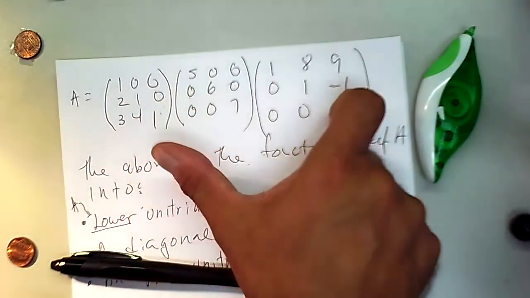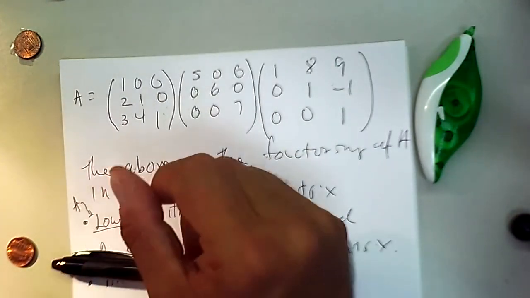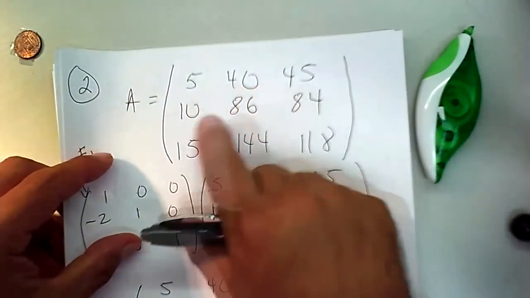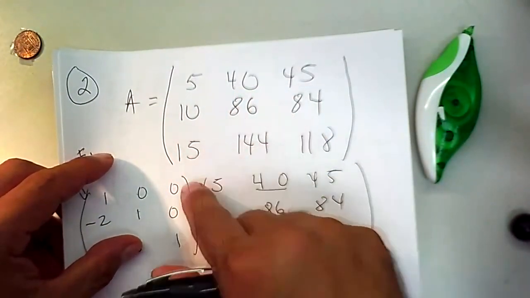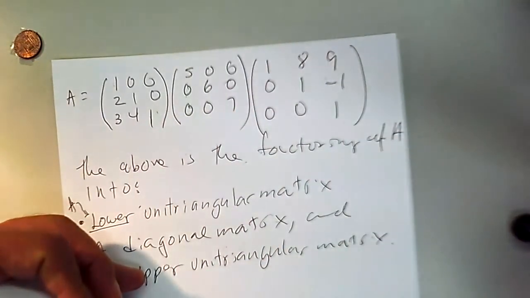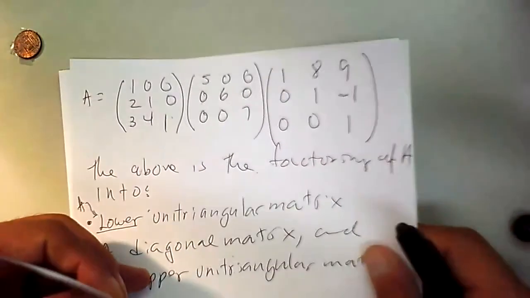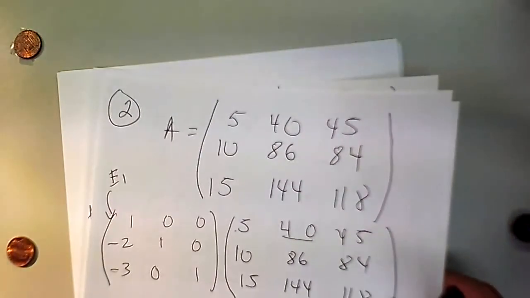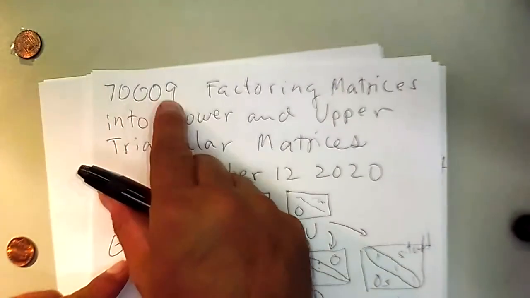Multiply those two by hand, multiply the rest by hand. And that's how I obtained the example, 5, 40, 45, 10, 86. So I designed the example so it would break up into those nice matrices. All right, so we're going to stop the video.